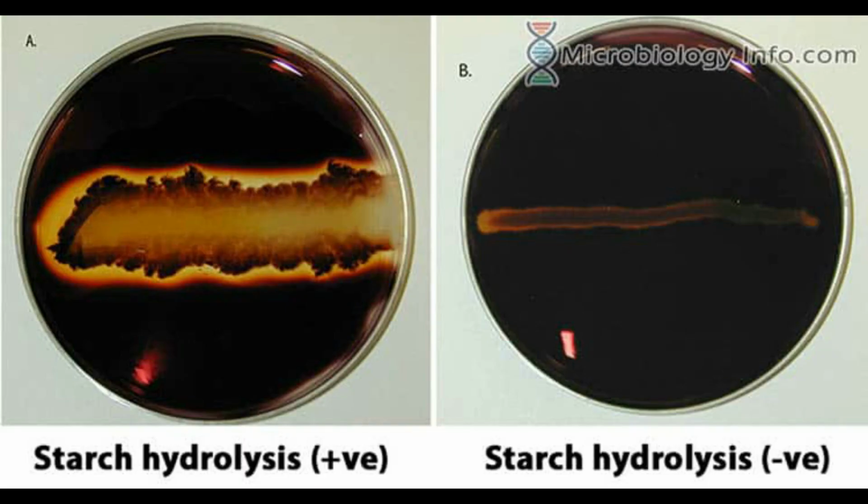So in the surrounding area of this bacteria, all the starch would be hydrolyzed into glucose and maltose. But on the other half, the bacteria which is amylase negative will not release any amylase as an exoenzyme, and in all the surrounding area of that bacterial colony, all the starch would be available as it is.